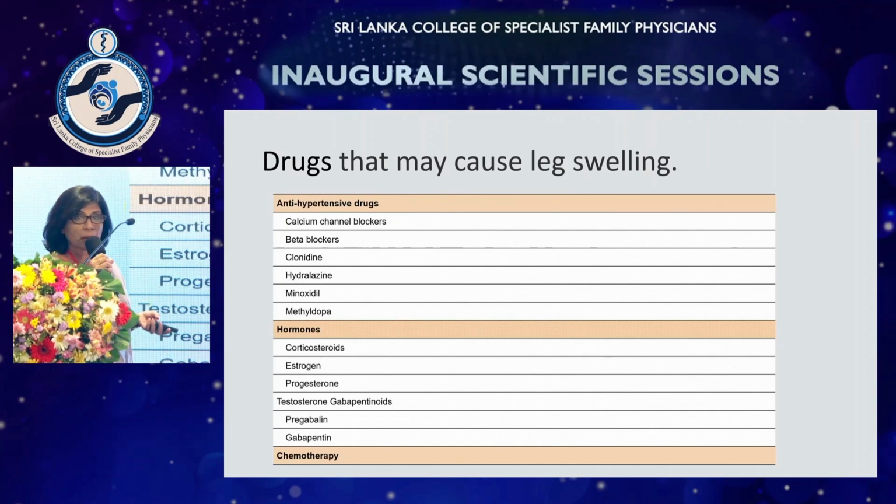What are the medications they take for managing hypertension, and whether they can cause the swelling. Or else hormones like corticosteroids, estrogens, progesterone, testosterone, pregabalin, and gabapentin, or chemotherapy. Those are the medications we have to think of if there's a patient who comes with lower limb swelling.